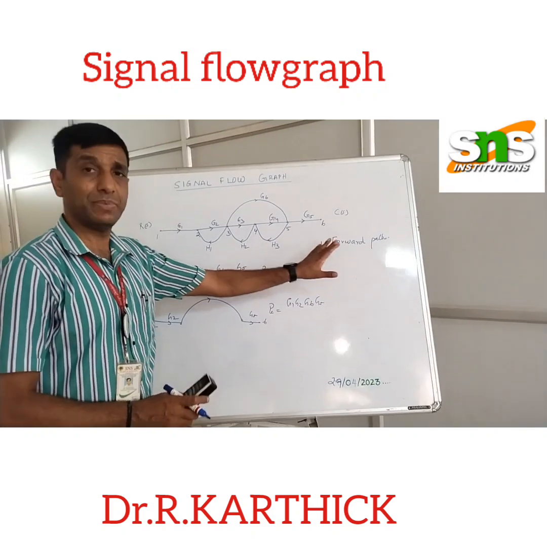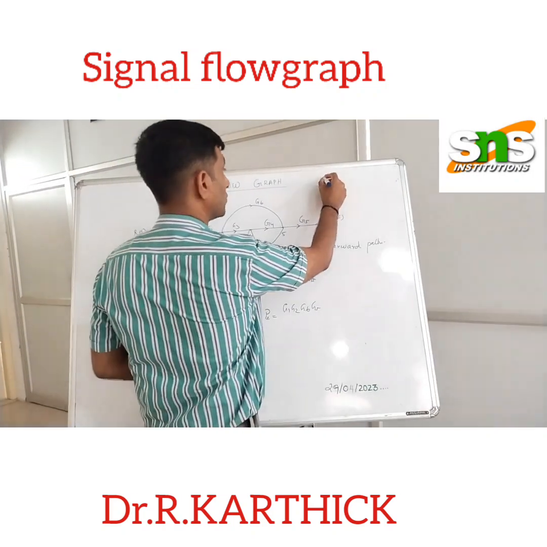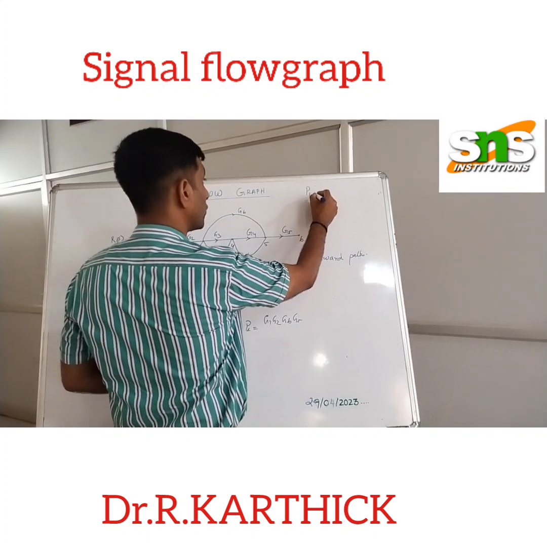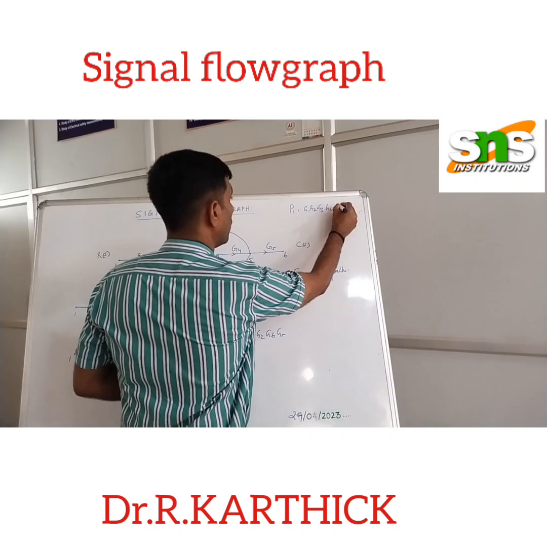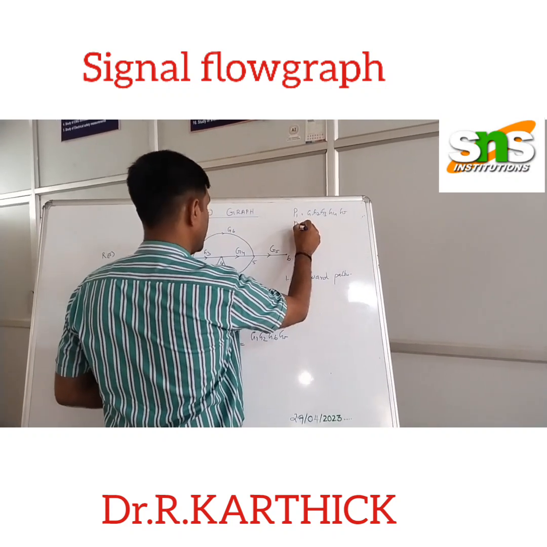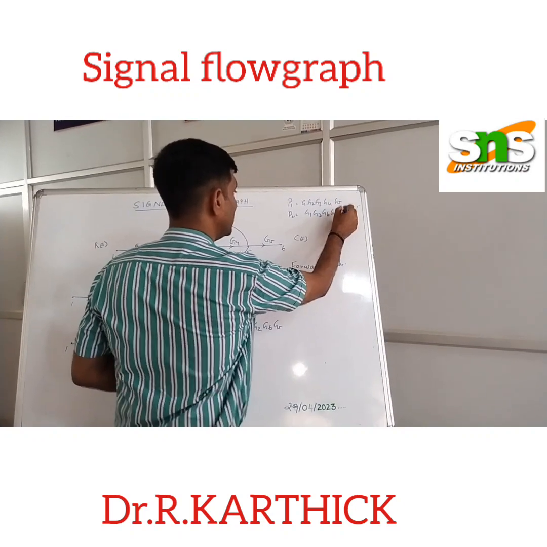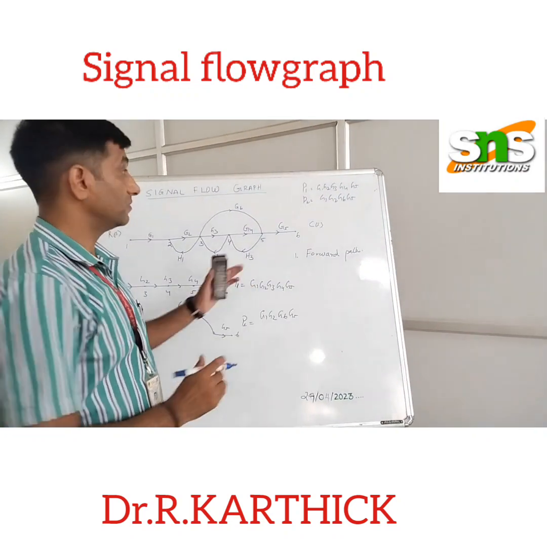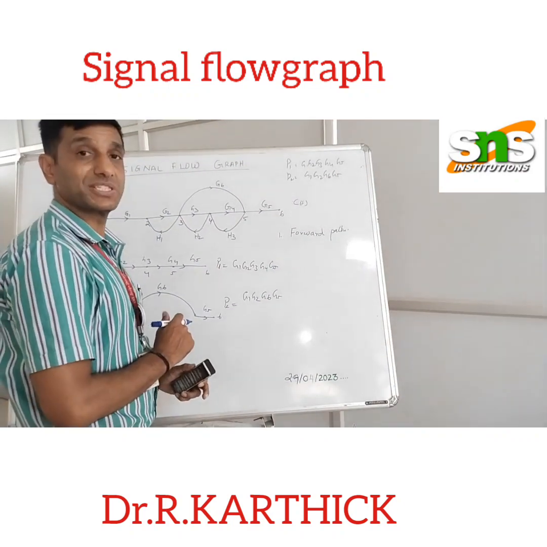So the first step is to identify the forward paths. I'll write the answers over here so that later we can recall: P1 is G1, G2, G3, G4 and G5, and P2 is G1, G2, G6 and G5. We have completed step 1.